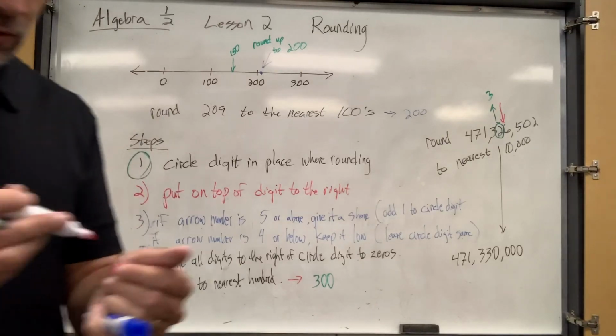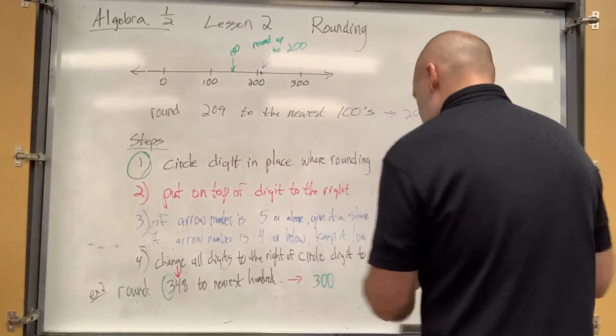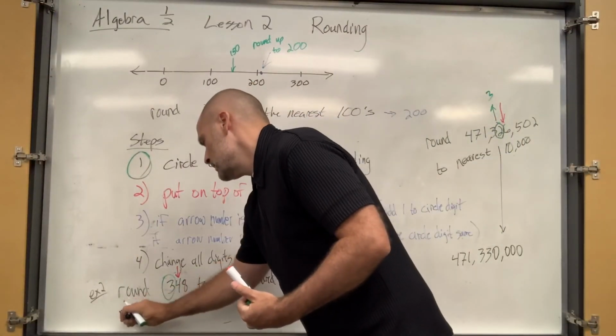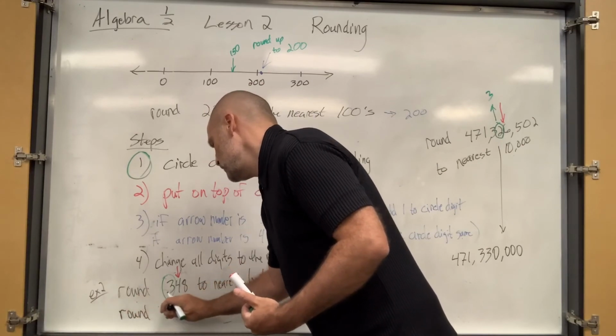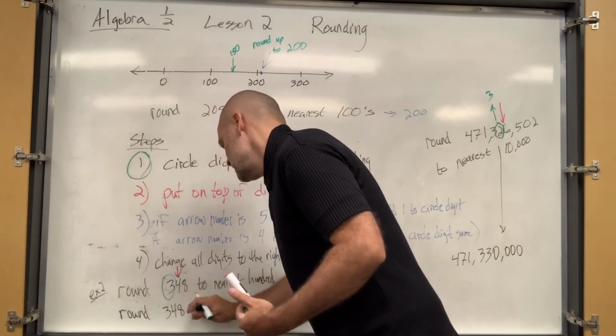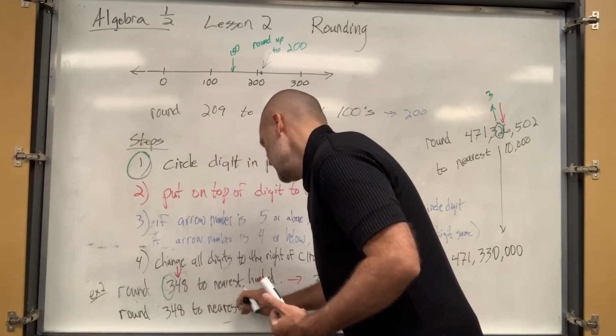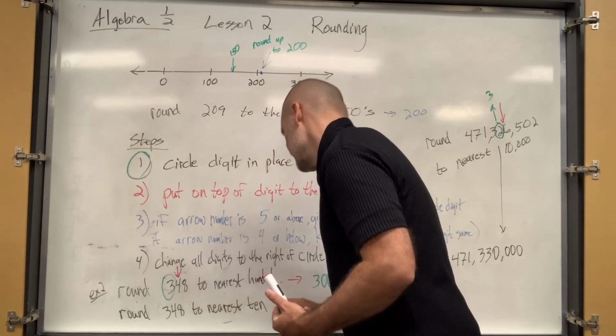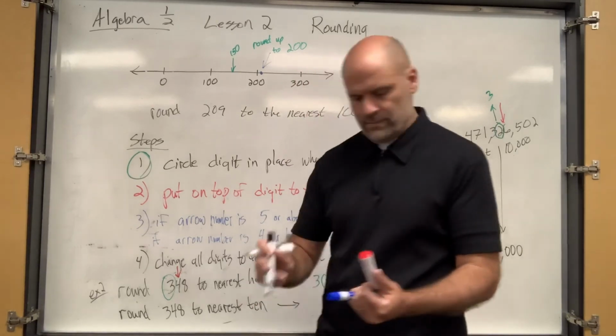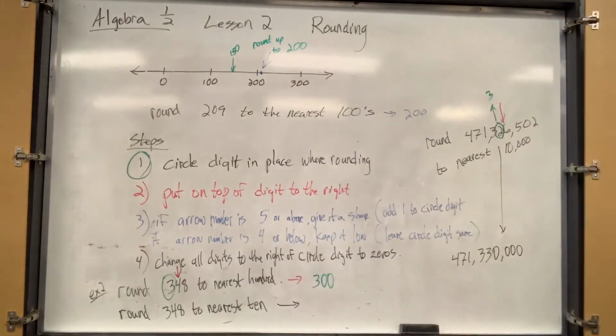All right, one more example. I'm going to round 348 to the nearest 10. The tens place value. Okay?